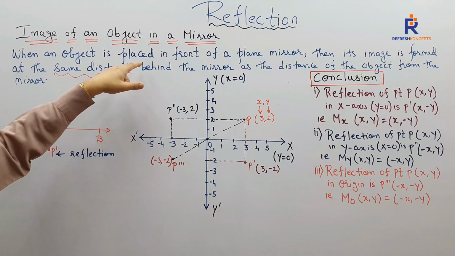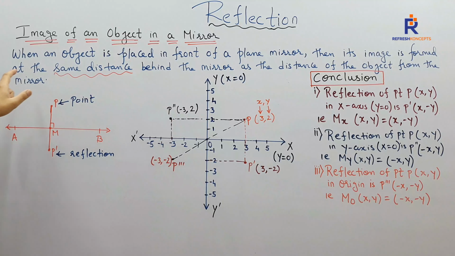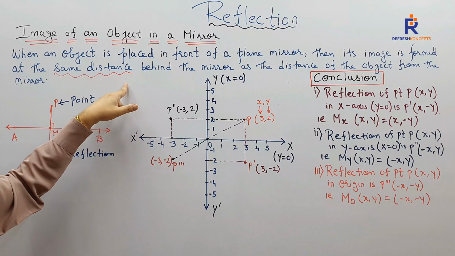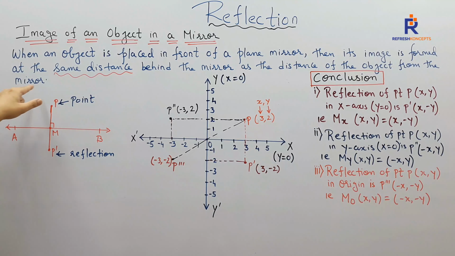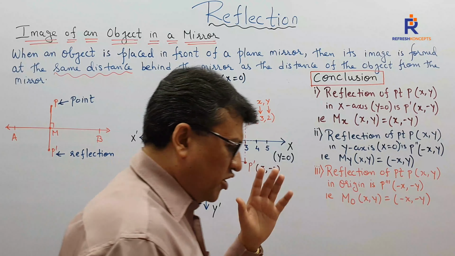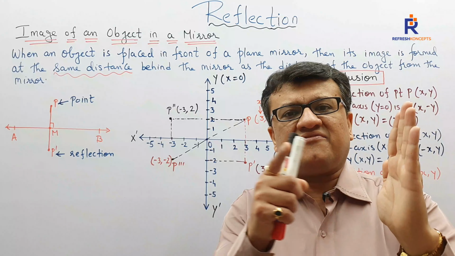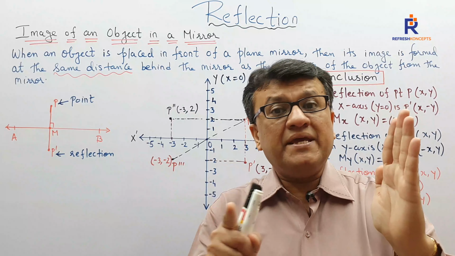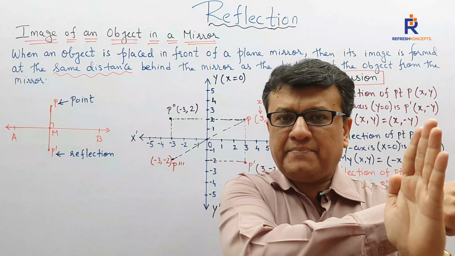When an object is placed in front of a plane mirror, then its image is formed at the same distance behind the mirror as the distance of the object from the mirror. So we are all aware, say for example, that we have an object kept in front of the mirror. There will be an image so formed of the same object, right? It will form behind the mirror.